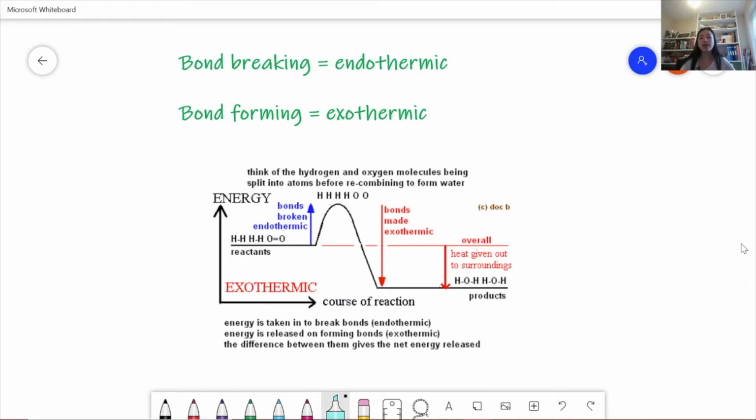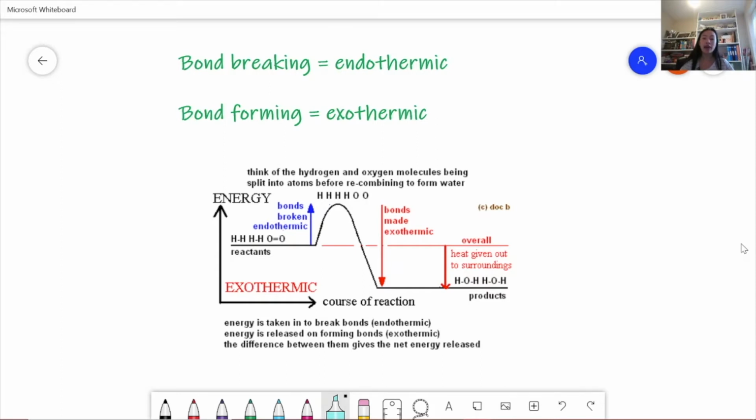If we look at this energy level diagram, we have some reactants, in this case hydrogens and oxygens. We break the bonds, and this is an endothermic process, so the heat rises, and then we have them split into atoms.